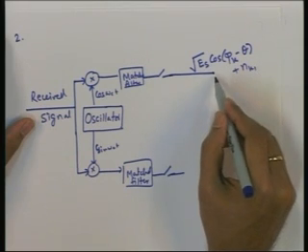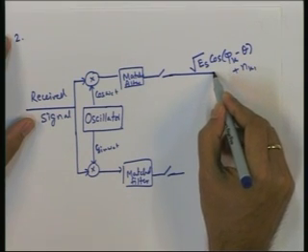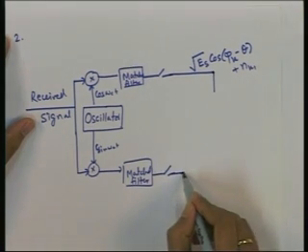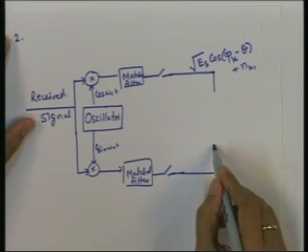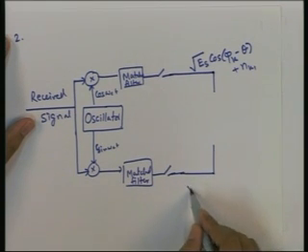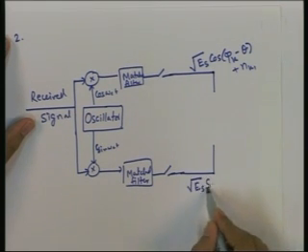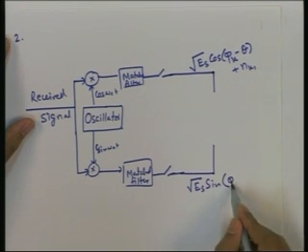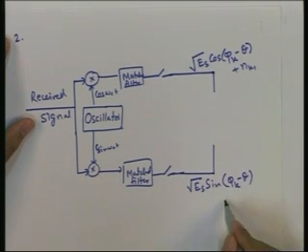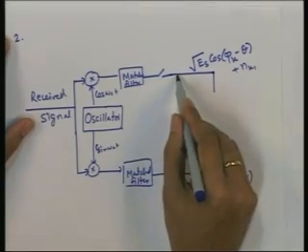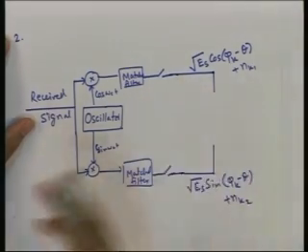So this is the real part of the received vector, a two-dimensional vector, and then we also get here the imaginary part root over Es sin phi k minus theta plus n k2, and then we also delay it, that is we want the previous received vector.